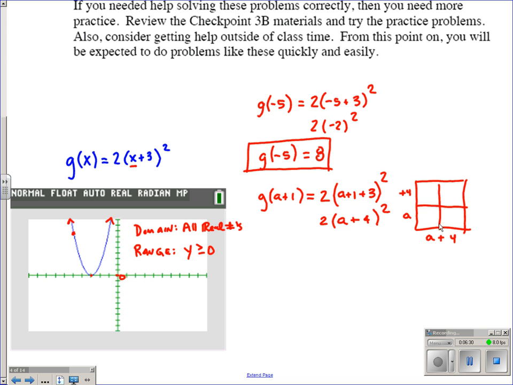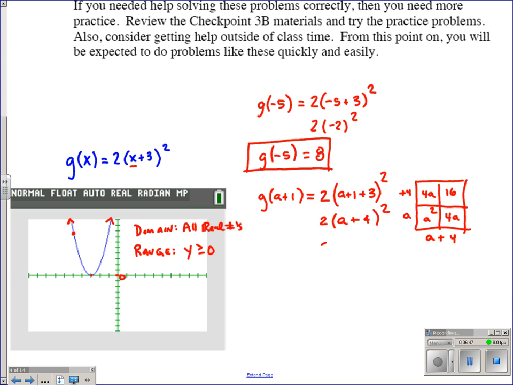So the area of this part of the rectangle, a times a, is a squared. A times 4 is 4a. A times 4 is 4a. And 4 times 4 gives us 16.